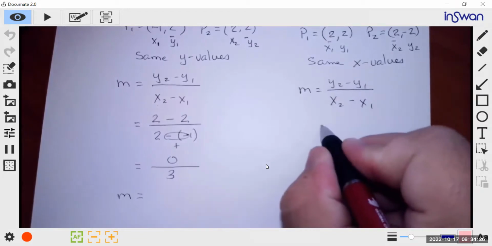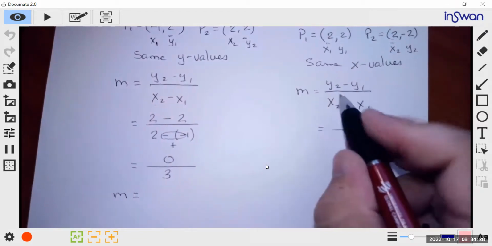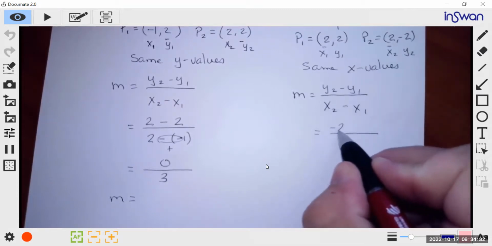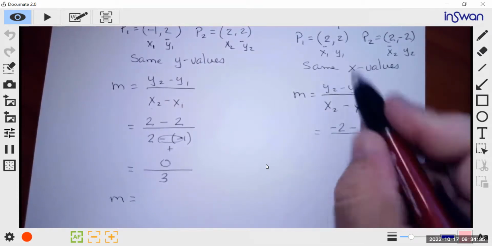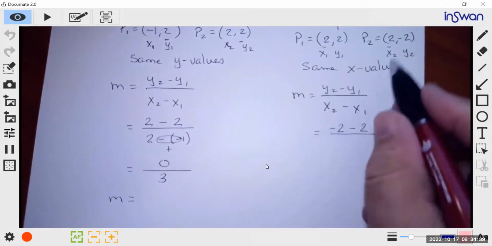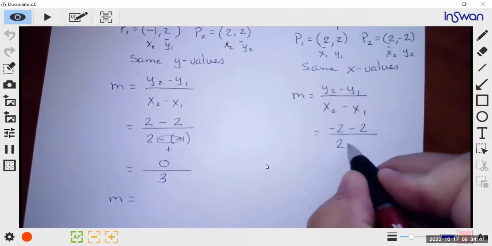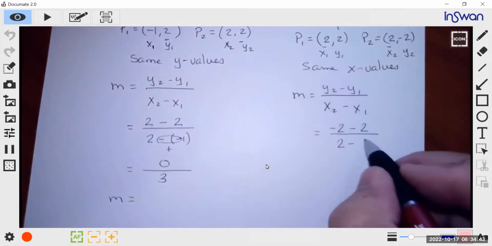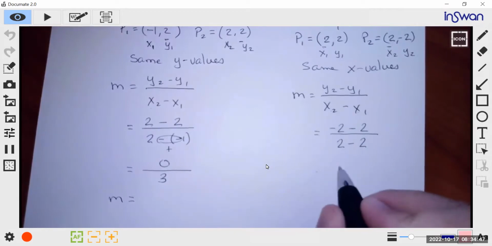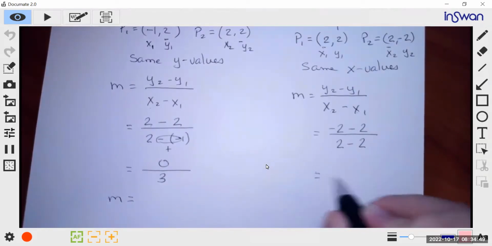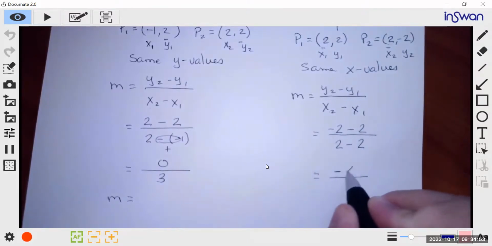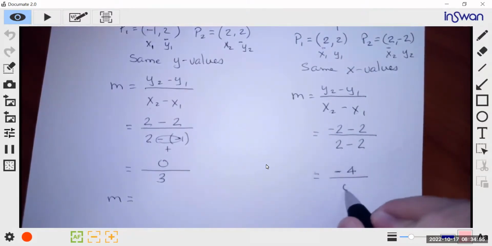And while we're at it, let's do the other one. Y2 is -2 minus Y1 is 2, over X2 is 2 minus X1 is also 2. -2 minus 2 is -4. 2 minus 2 is 0.